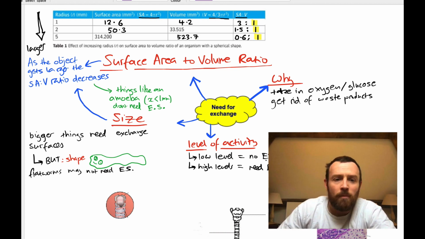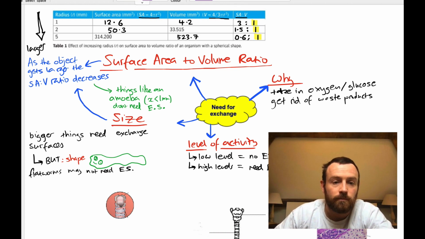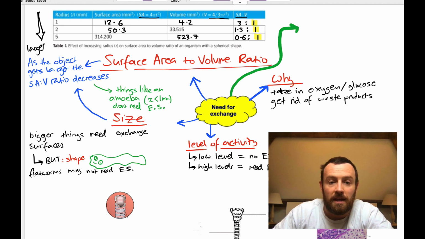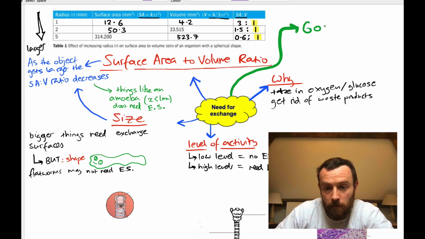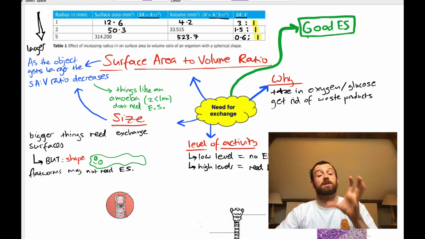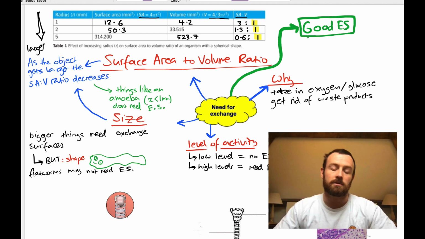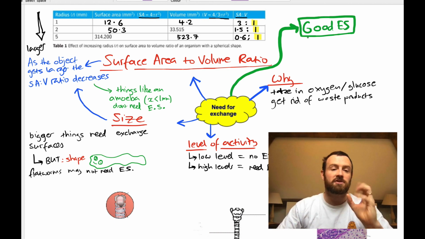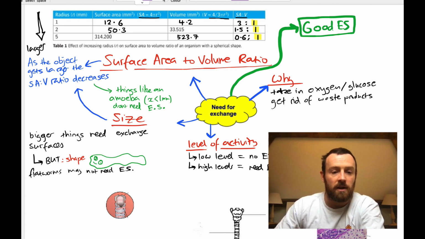Okay, one more thing I think we should put here, and let's take it this way. What is a good exchange surface? Any exchange surface, be it the small intestine, the lungs, the gills, and all sorts of other exchange systems like the gas exchange system in insects, they need to have certain features, okay? So here they are.